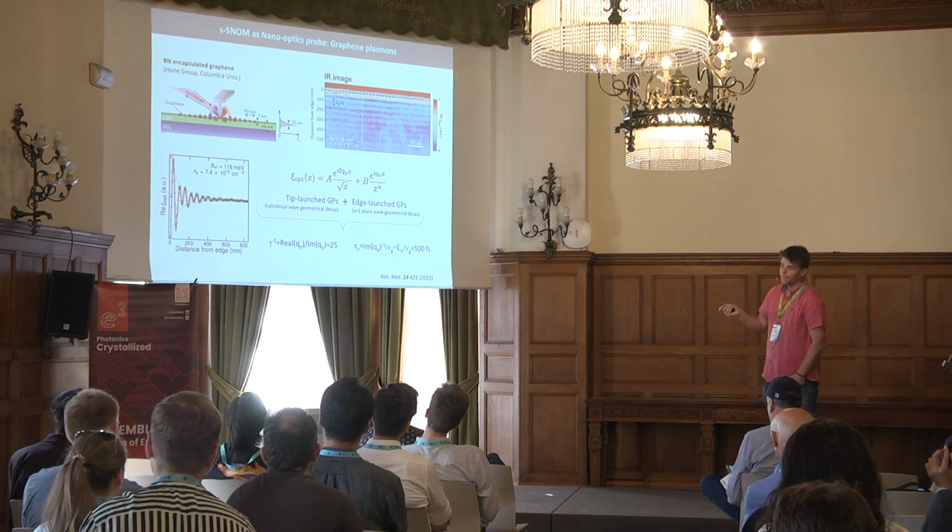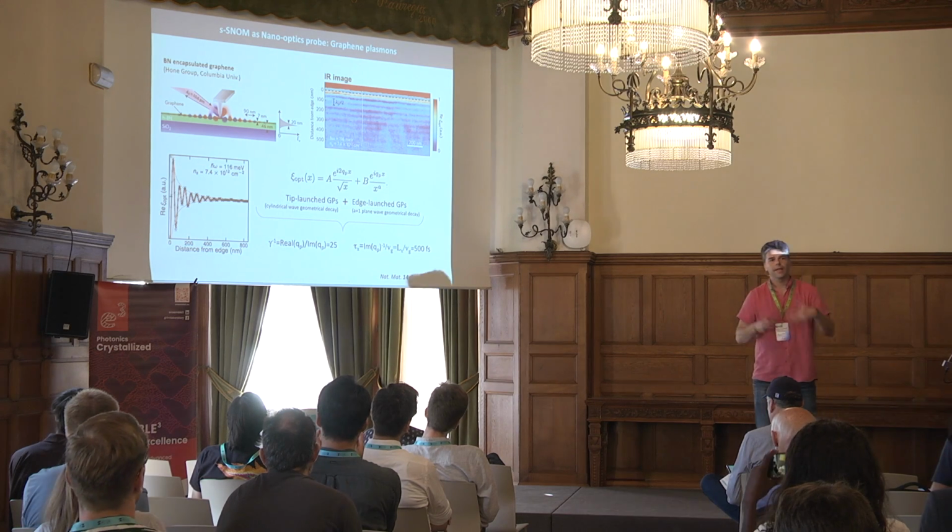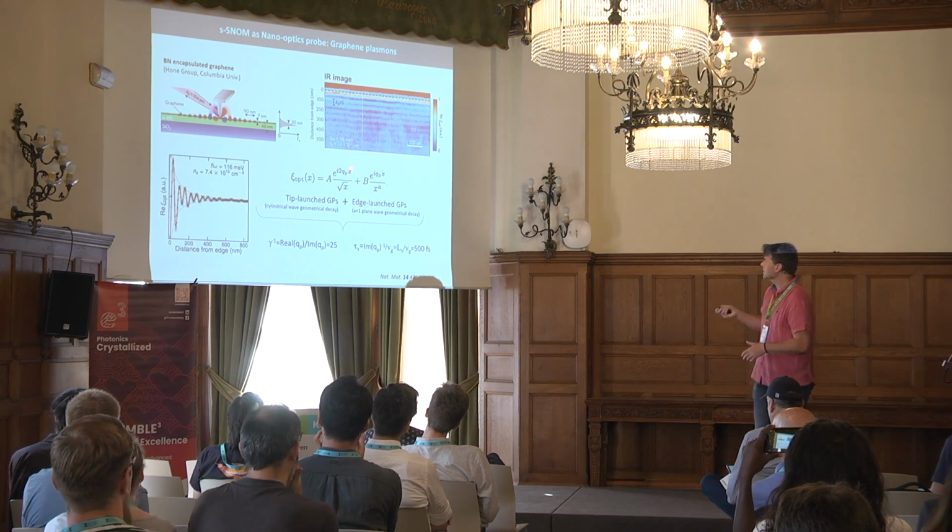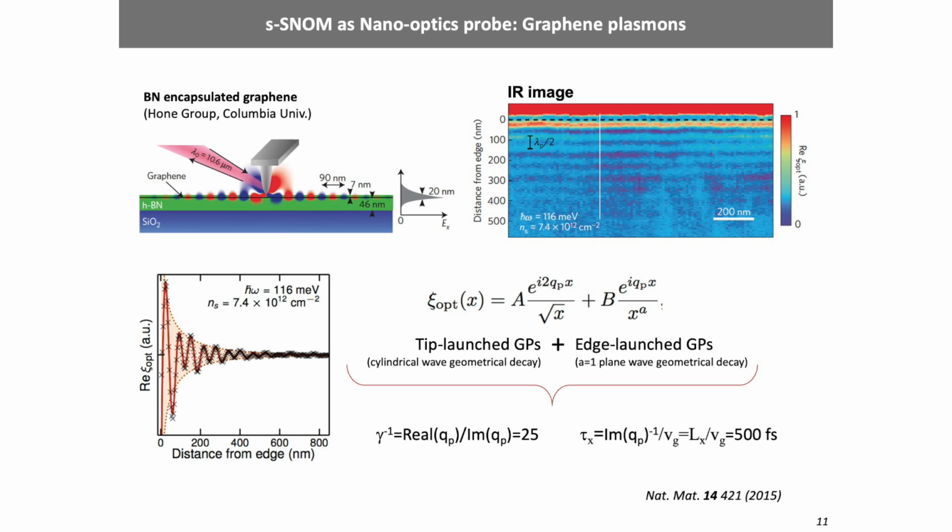But then you need to fit them with two functions, okay? They are evanescent waves, as I said. Here they have a complex momentum of the wave, with real and imaginary parts, and we have two contributions. One is created by the cylindrical waves that are launched by the tip. They decay like 1 over the square root of the distance, because they form cylindrical surfaces and, because of energy conservation, this goes like the square root of the distance.